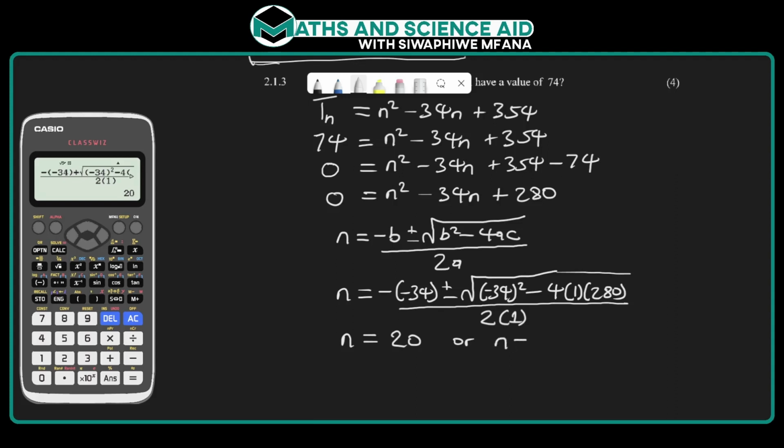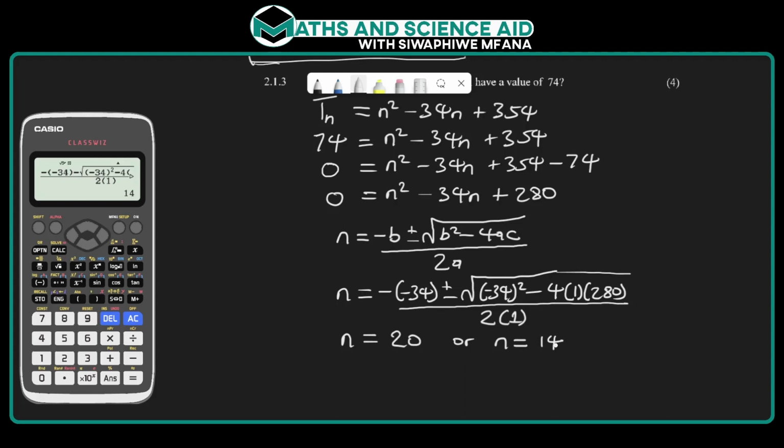Let's see the second n value, whereby we take the negative there. So we write a negative there, and we see that we get n is equal to 14.